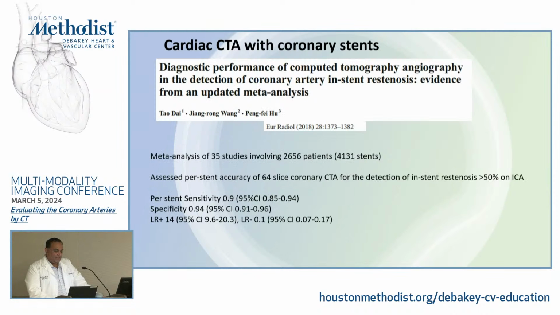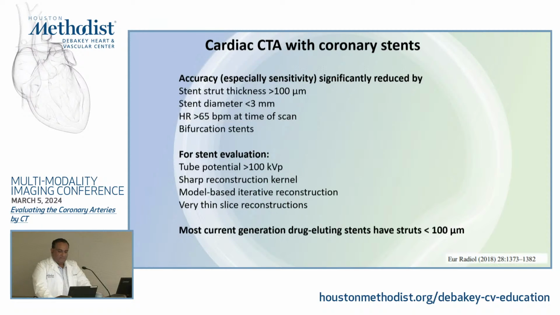Now, this is a meta-analysis of 35 studies involving close to 2,700 patients that looked at the accuracy of coronary CT for detection of in-stent restenosis as defined by greater than 50% on invasive cath. And they showed a per stent sensitivity of 0.9 and specificity of 0.94 with some caveats.